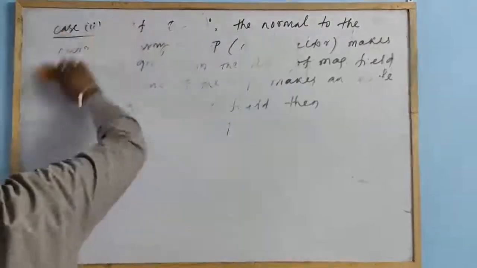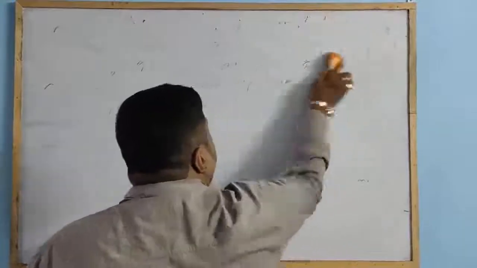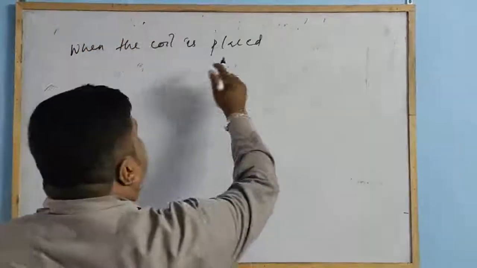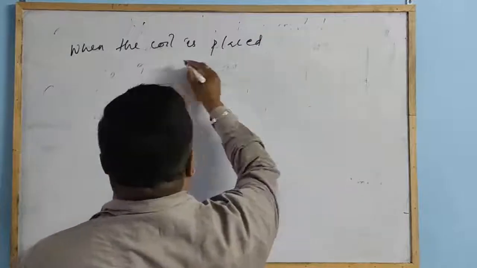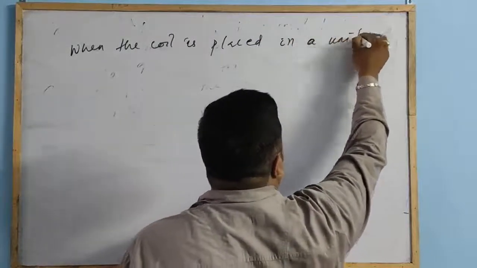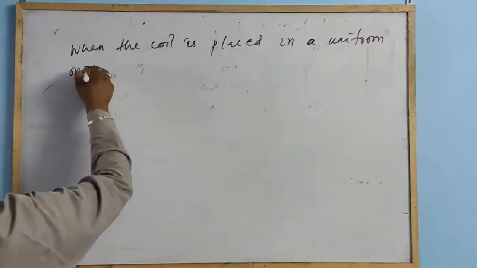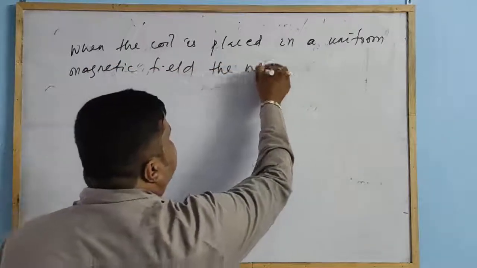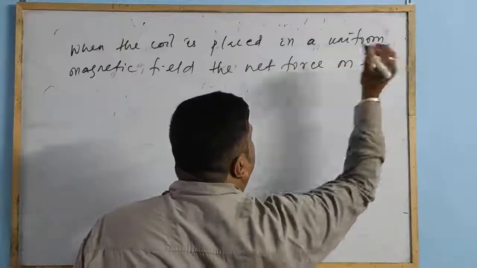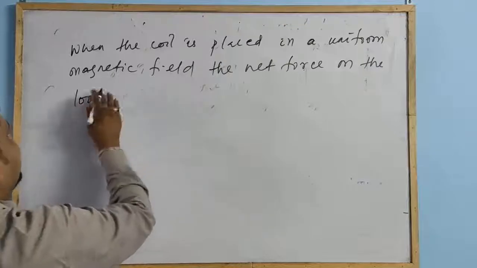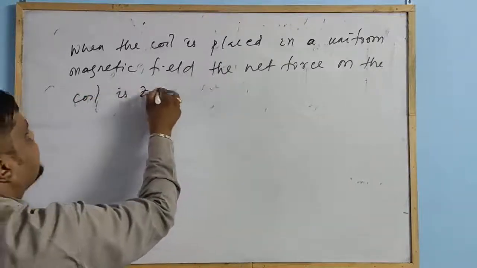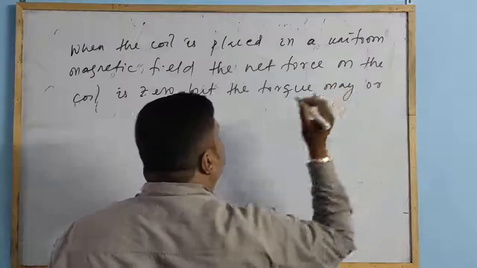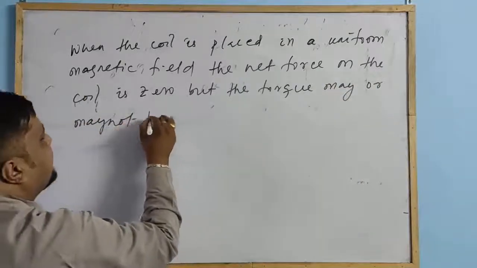Clear? When the coil is placed in a uniform magnetic field, the net force on the loop or coil is 0, but the torque may or may not be 0.